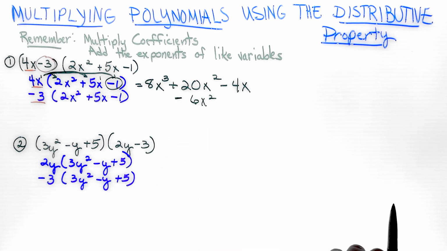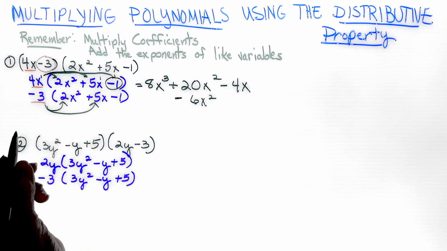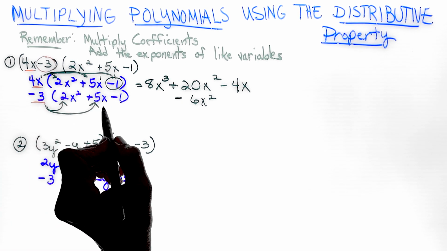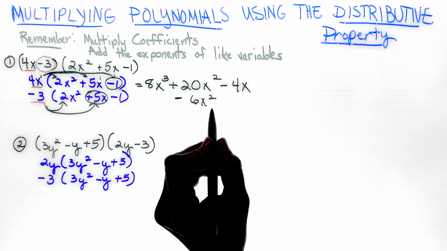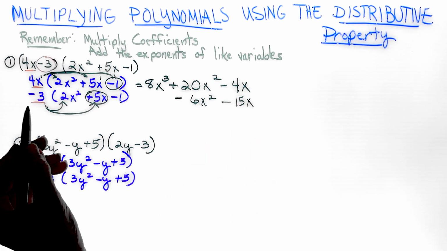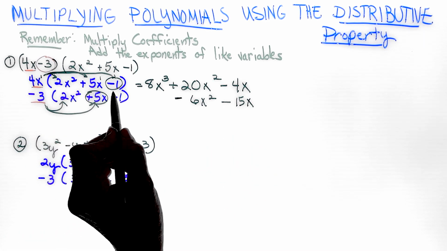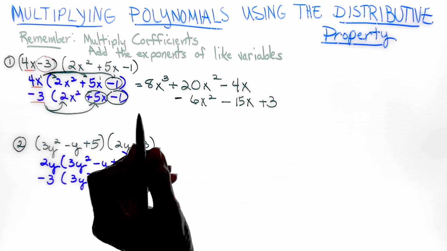Notice where I'm putting it. Now I'm going to multiply the second one. Negative 3 times a positive 5x is a negative 15x, so it's minus 15x. And finally, negative 3 times a negative 1 is a plus 3.